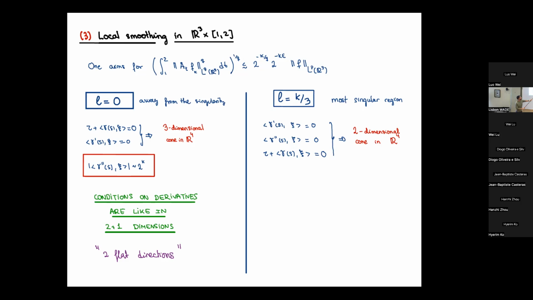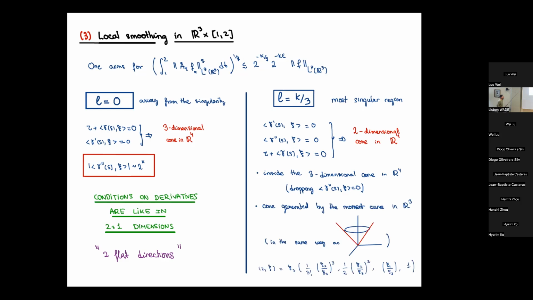With this extra condition, I have a cone of one less dimension, and this cone is inside the previous cone, because if I just drop this condition, then I'm in this other manifold. So this singular cone, now in 4 dimensions, is inside the one coming from here.